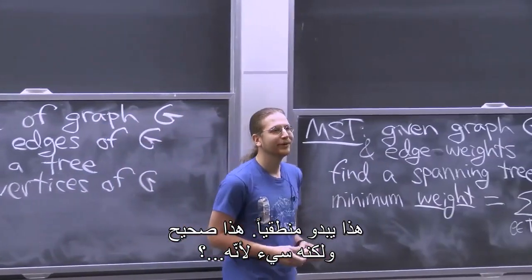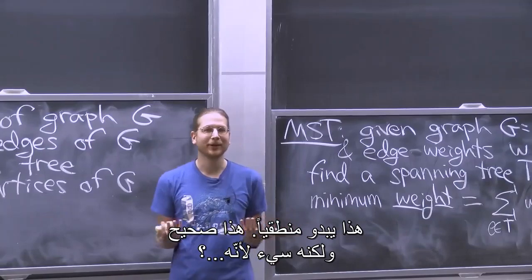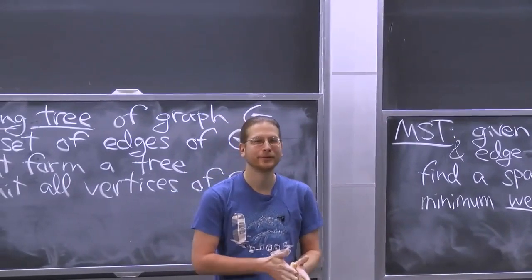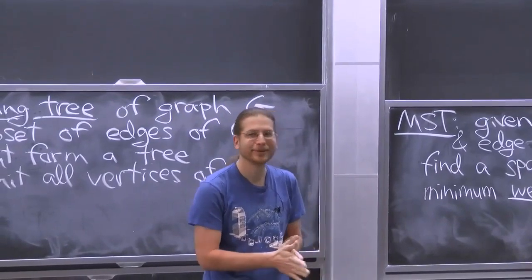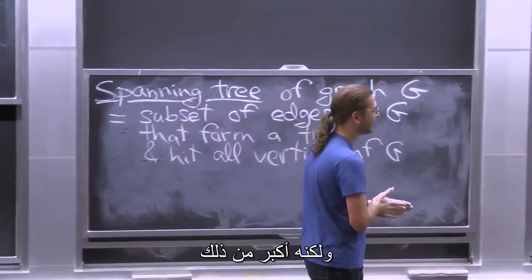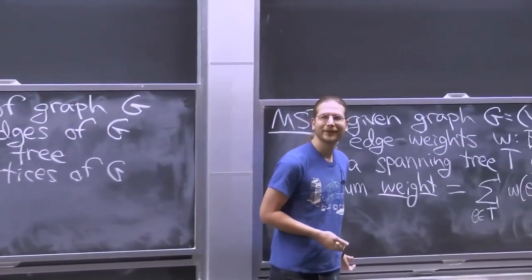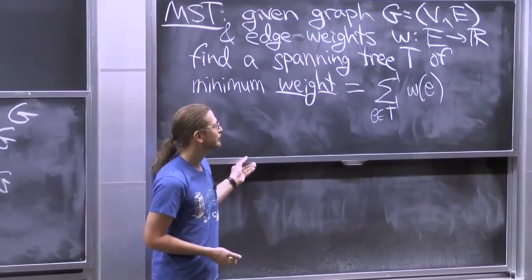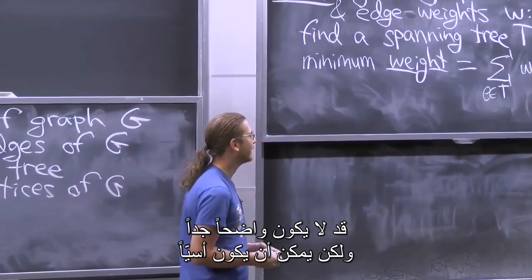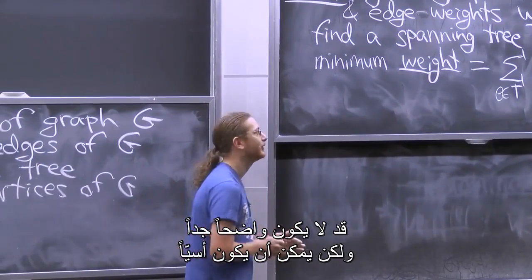That's correct. But it's bad because n to the fourth, that would be nice. It's larger than that. Maybe not so obvious, but it can be exponential.